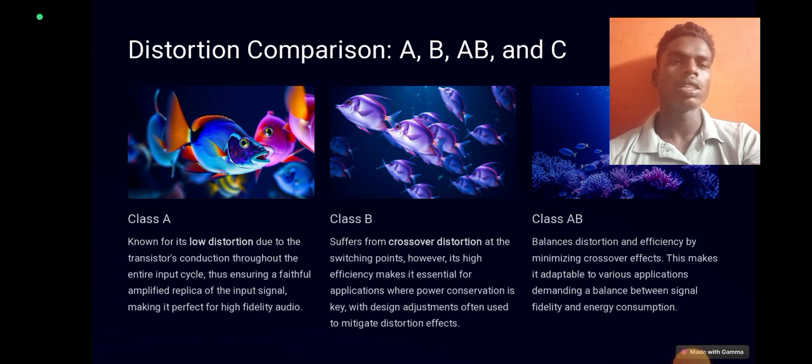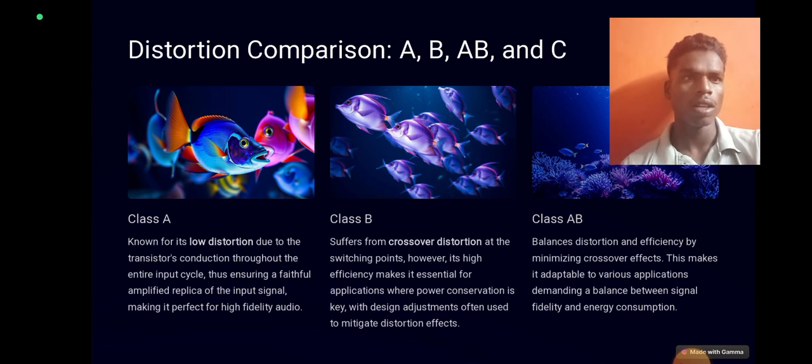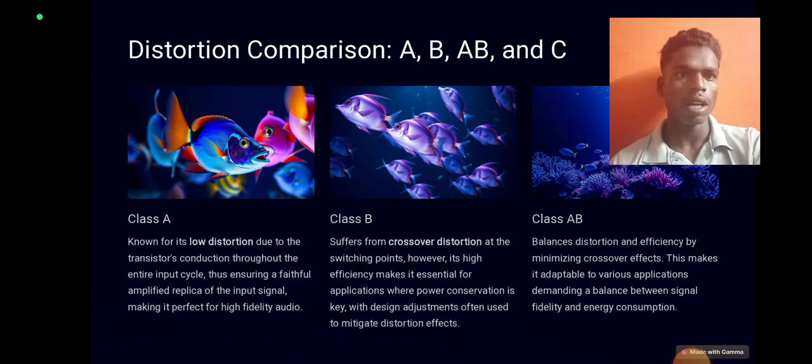Class B suffers from crossover distortion at the switching point. However, its high efficiency makes it essential for applications where energy conservation is key, with design adjustments used to reduce distortion effects.